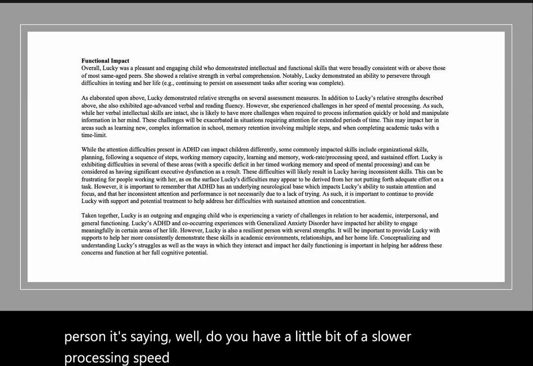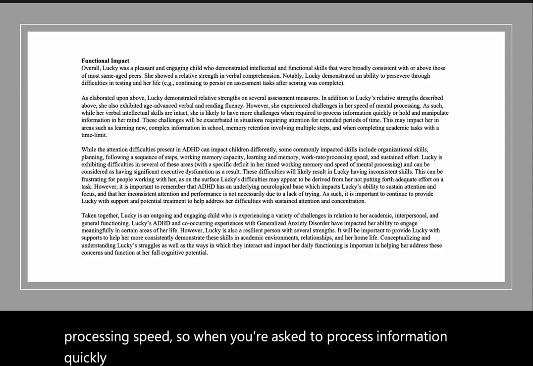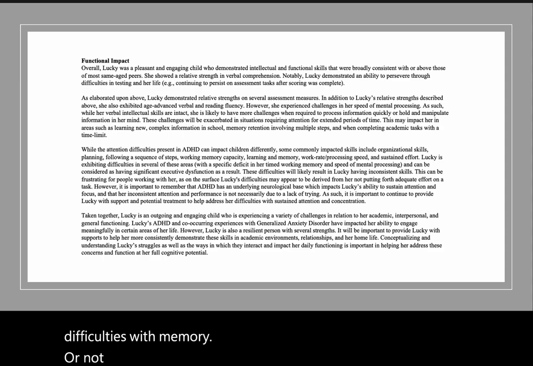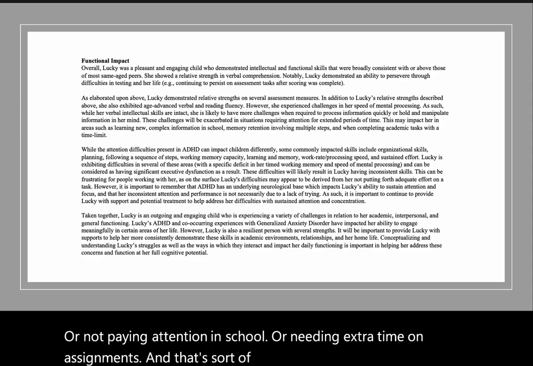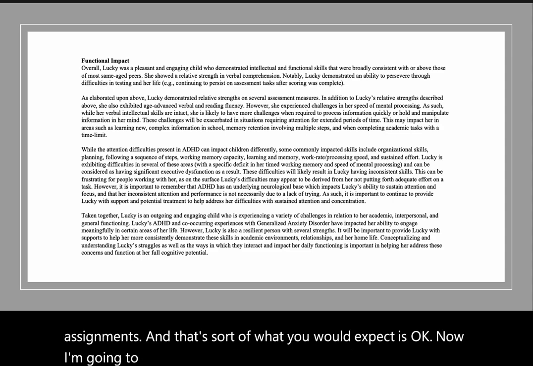So when you're asked to process information quickly and verbally, you may struggle, and it may show up as difficulties with memory or not paying attention in school or needing extra time on assignments. And that's sort of what you would expect: okay, now I'm going to go into each category of what this means for the client.